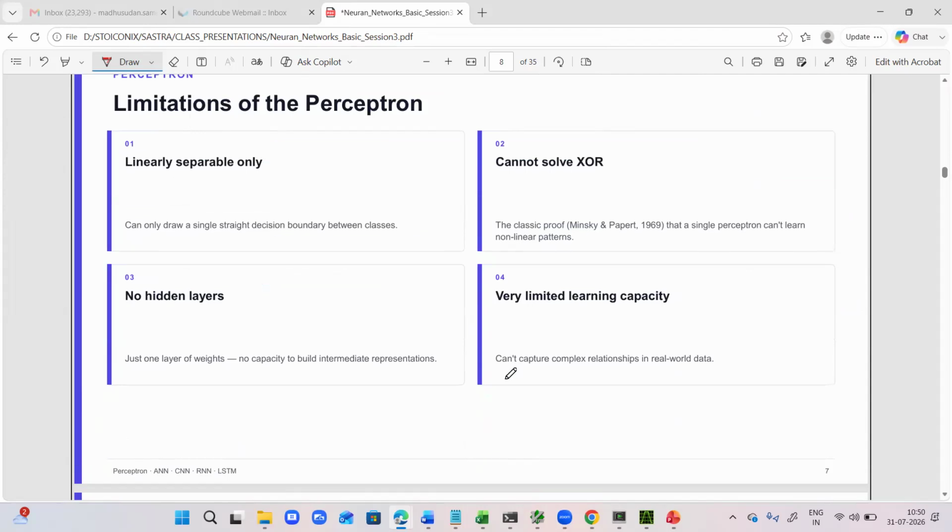It's very simplistic, so it can probably only understand and draw a straightforward boundary between classes. So it's like a binary. And because it doesn't have hidden layers, it can't actually do advanced learning.